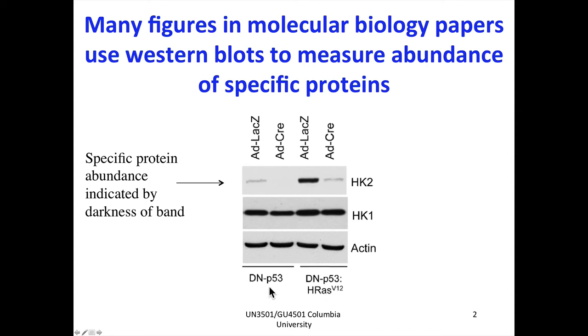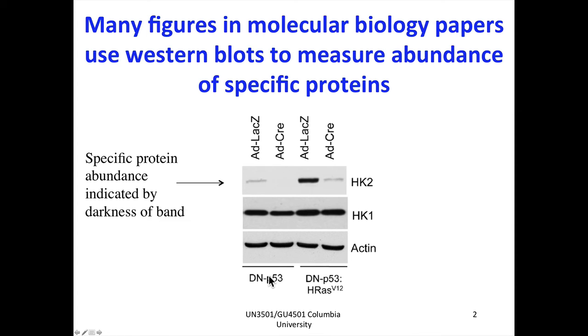And so they're going to be comparing the effect of introducing HRAS V12 into these cells. But they want you to know that was done in the background or in the presence of all of the samples having dominant negative p53.